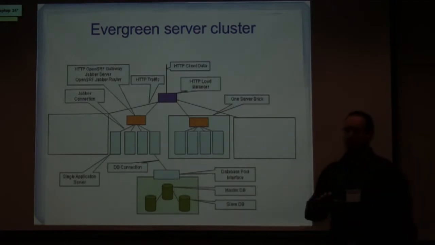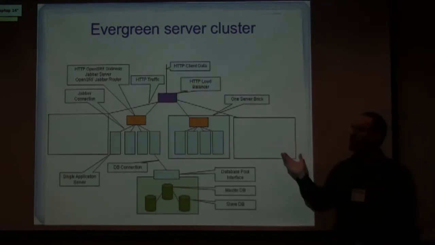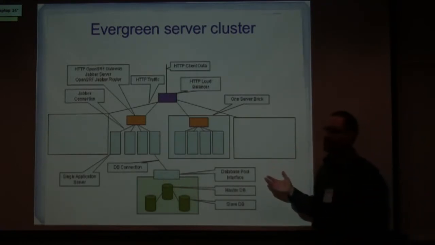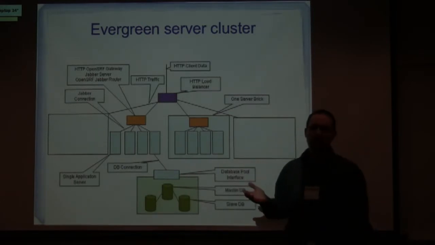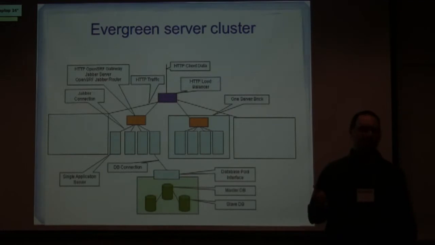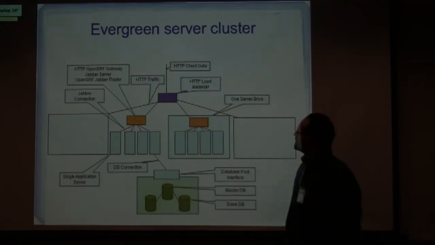But OpenSRF is out there and available to build something other than a library system if people are interested. I think one of the things that's been lacking is documentation. OpenSRF was really developed in about 2005, 2006, which is a pretty forward-thinking architecture for that time, given that JSON over XMPP has just recently become interesting.